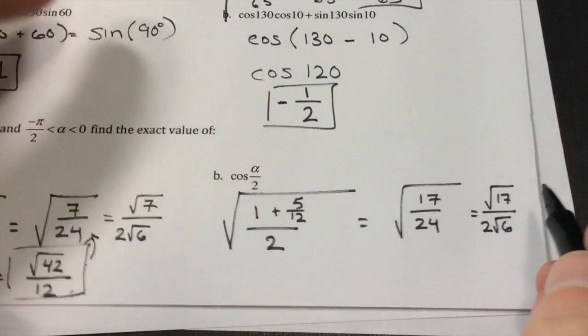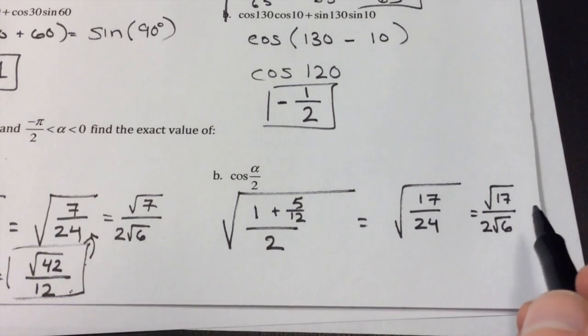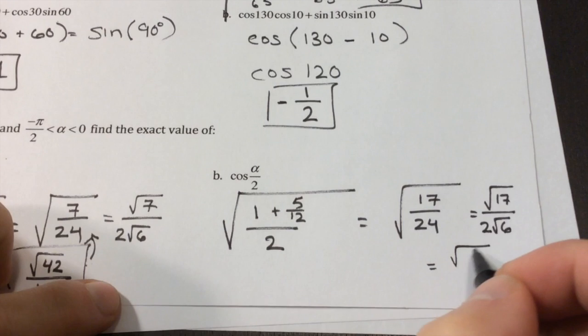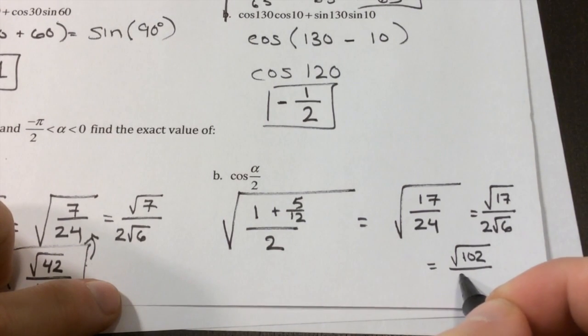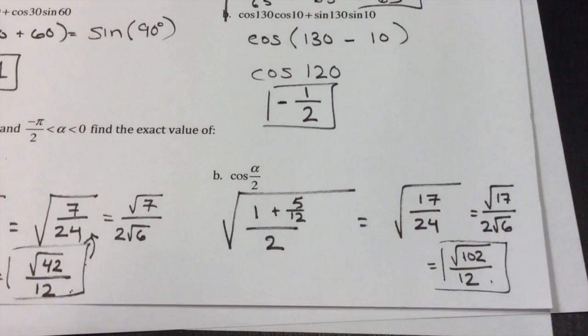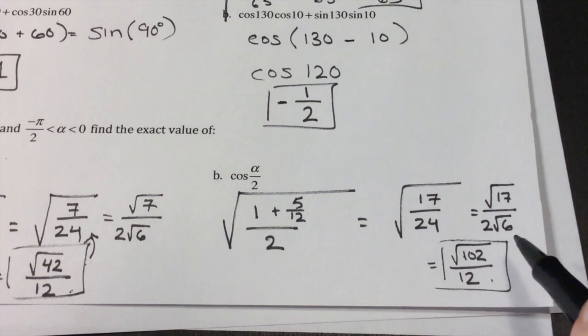Rationalize this. 6 times 17 is 60 plus 42, so that's 102. So that's the square root of 102 over 12. Double check my math on that. That was quick. That was 6 times 10, 6 times 7, add those two together.